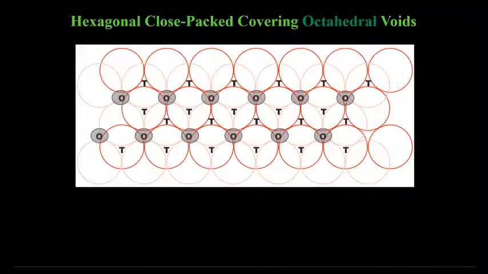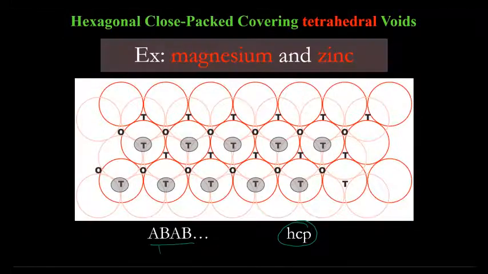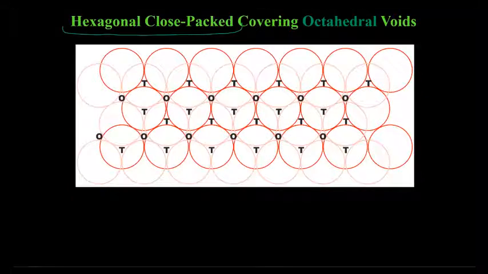Then you have octahedral voids. HCP is hexagonal closed packing. So this was hexagonal closed packing covering tetrahedral voids. And this one we are talking about, hexagonal closed packing, HCP, covering octahedral voids.